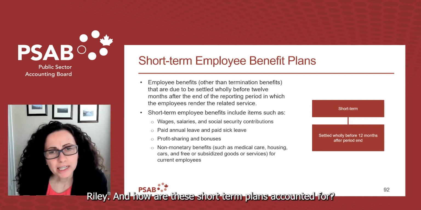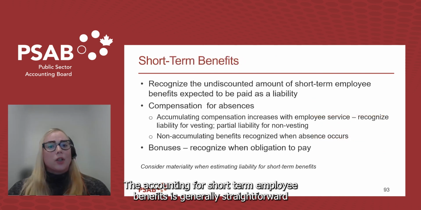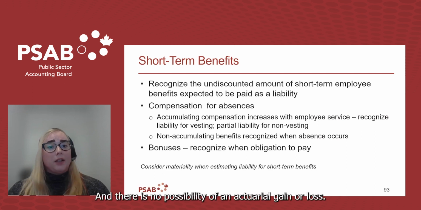Thank you, Riley. And how are these short-term plans accounted for? The accounting for short-term employee benefits is generally straightforward because no actuarial assumptions are required to measure the obligation or the cost, and there is no possibility of an actuarial gain or loss.